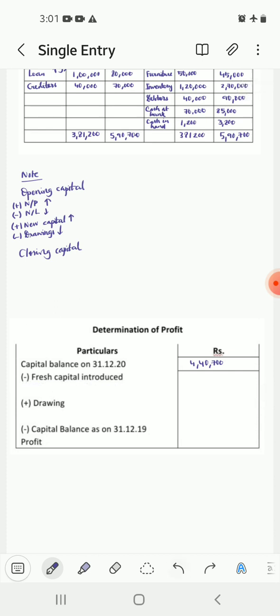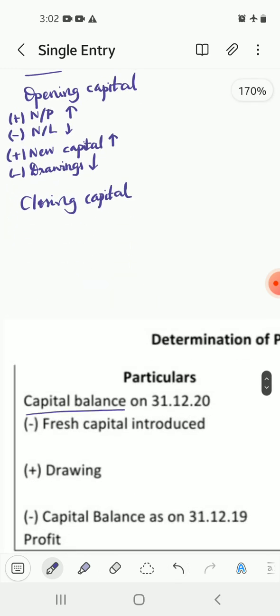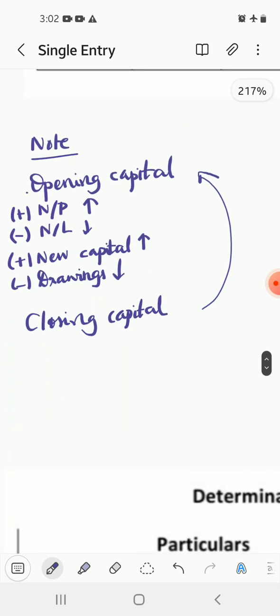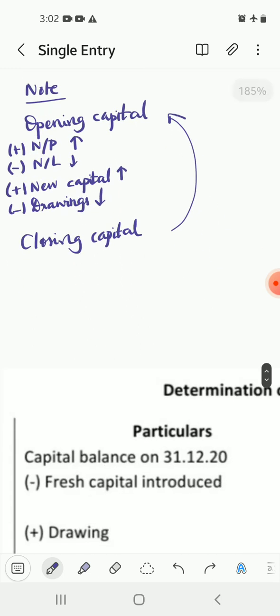Why is it deducted? Because the addition was for reaching from opening capital to closing capital, but right now we are starting with the closing capital and moving towards the opening capital. So in this back calculation, whatever is added actually needs to be subtracted. Fresh capital increases the opening capital, so from closing capital we have to deduct it.